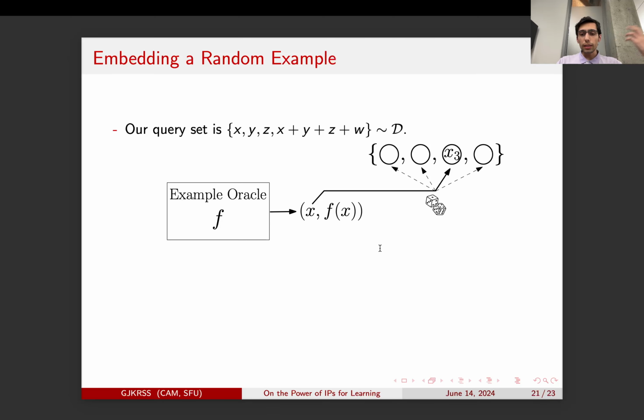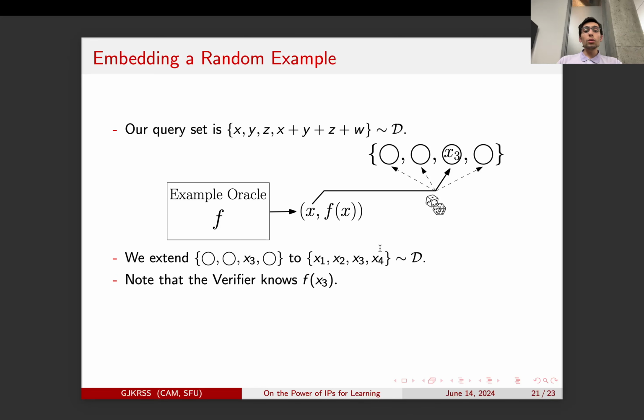So for example, let's say our randomness told us to embed the given random example into the third position. Then the verifier extends this incomplete query set to a complete query set that also has the same distribution D as our original query set.